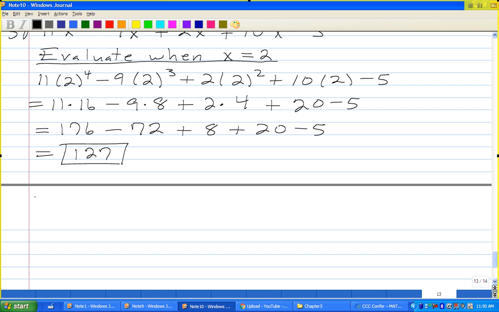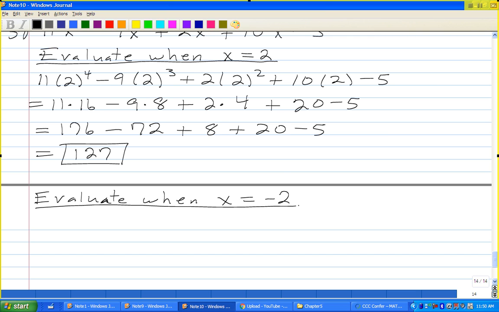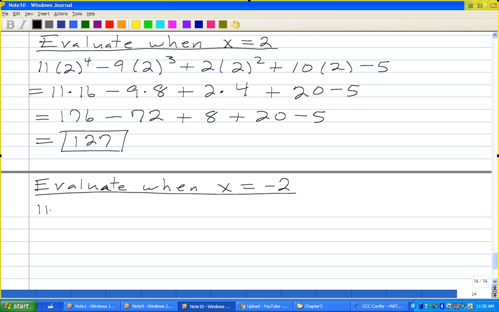Let's evaluate when x equals negative 2. So 11x to the 4 minus 9x cubed plus 2x squared plus 10x minus 5.